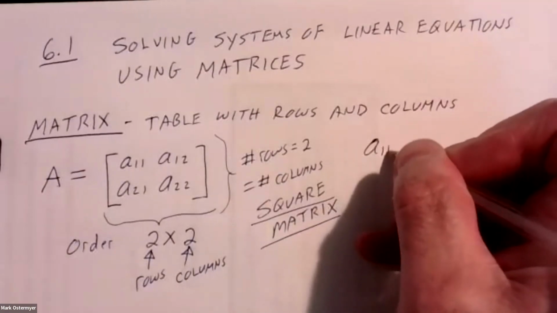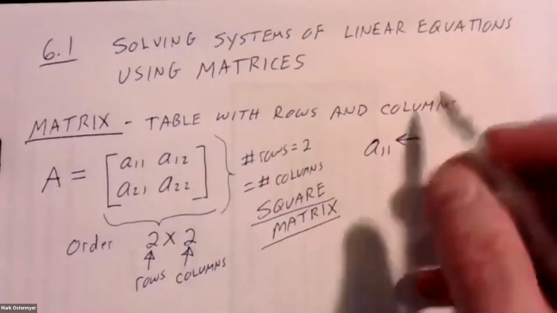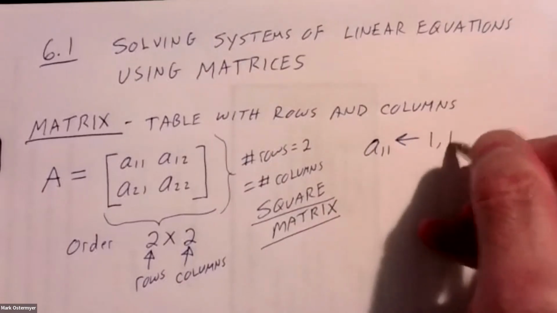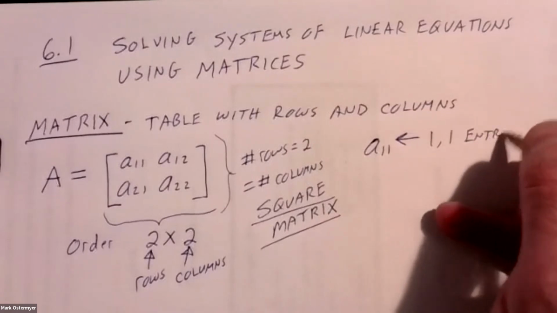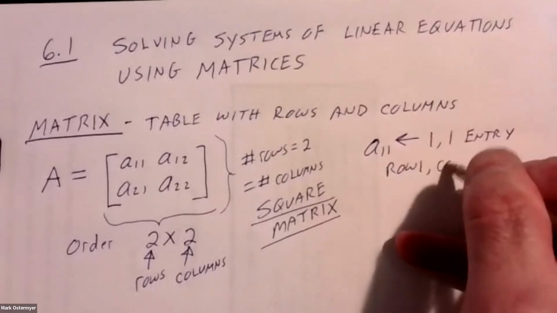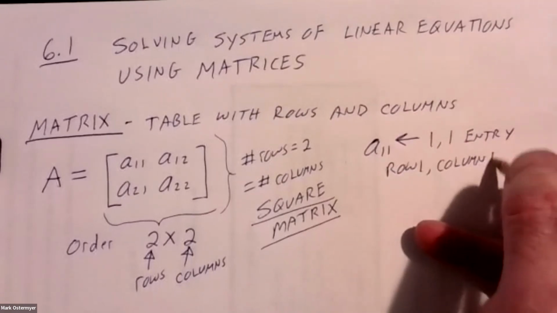We say that this notation here, lowercase a with a little subscript of 1, 1, is called the 1, 1 entry of the matrix. Or more specifically, it's the row 1, column 1 entry of the matrix.